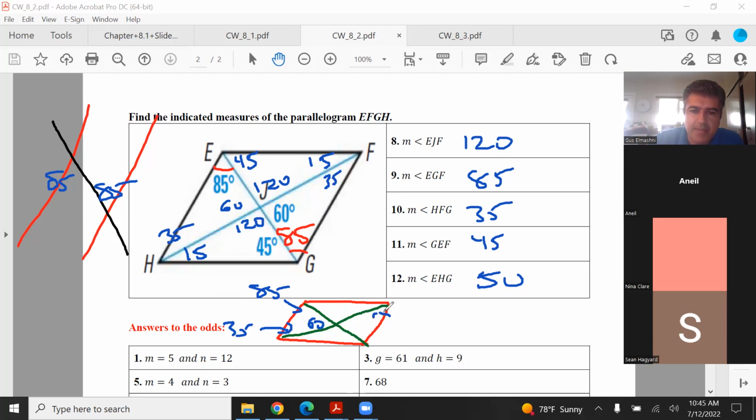Therefore, this is 35. And if that's 120 and that's 45, then that's 15. Making that 15. So you can see how all that unfolds.